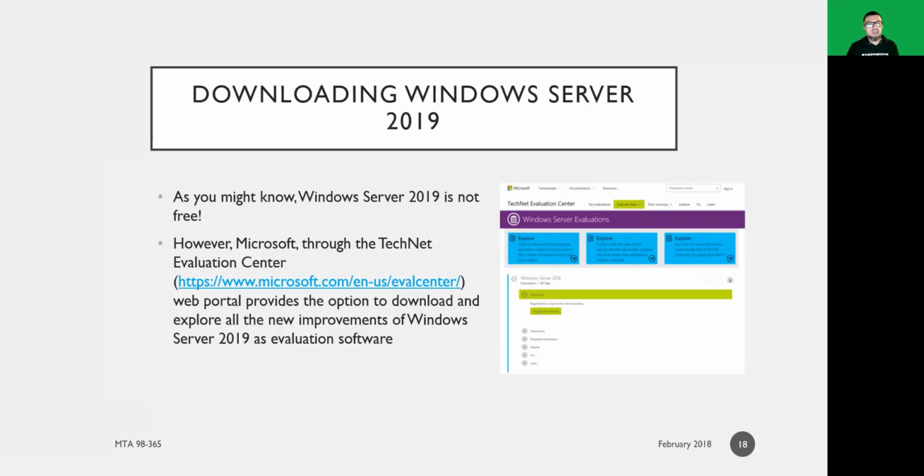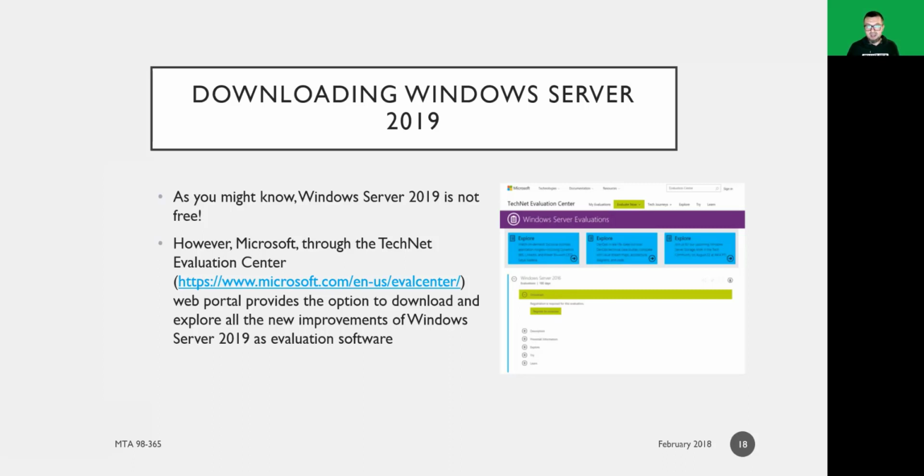Okay, so we are now at downloading Windows Server 2019. Can we download Windows Server 2019 from legitimate sources? Yes, and one legitimate source is the TechNet Evaluation Center, a Microsoft portal via which Microsoft gives away its infrastructure products: Windows Server, Microsoft Exchange, Hyper-V, SharePoint, and SQL Server, but as trial editions.